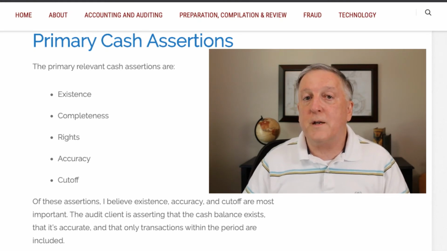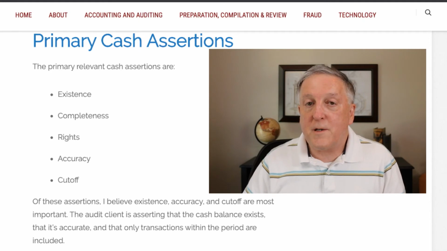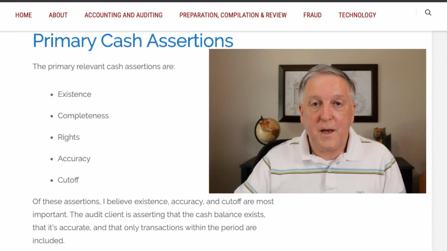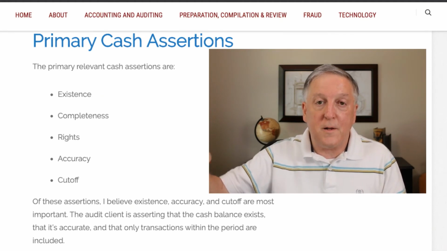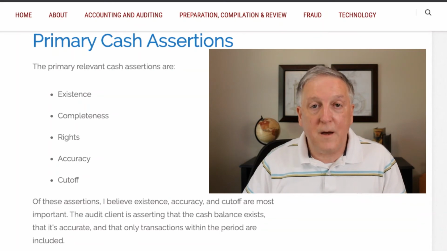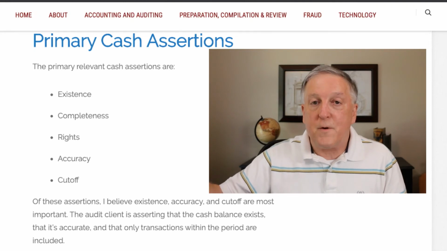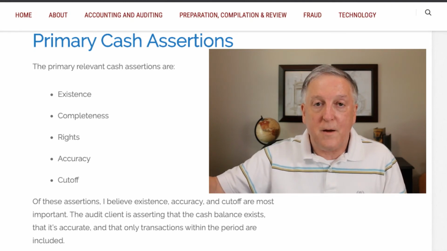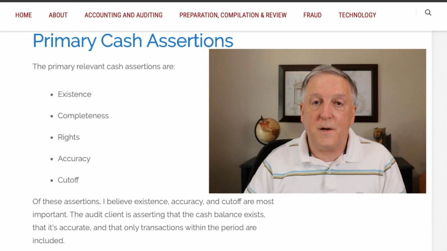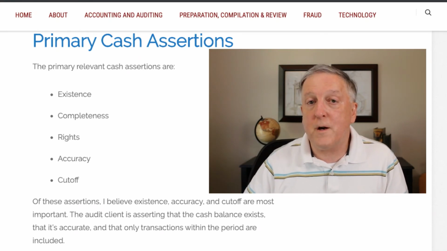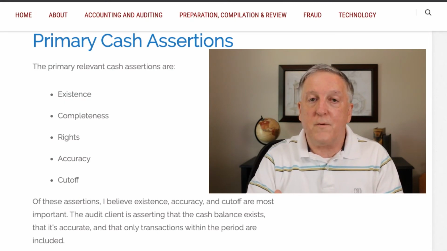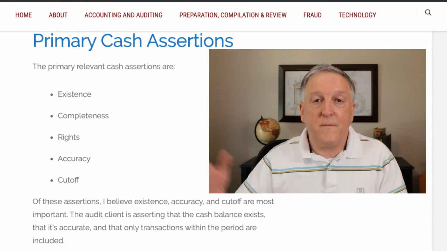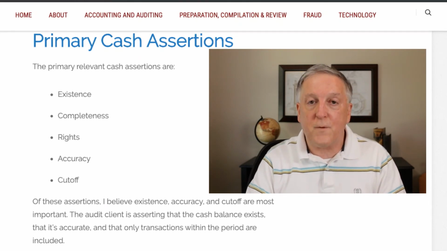So let me give you an example. I was auditing a hospital once. There was a bank account where Medicaid payments were being paid from the state electronically to this Medicaid bank account, and the CFO had the signature rights on this Medicaid bank account. Well, he was writing checks to himself to the tune of about $2 million. Well, those transactions never appeared on the general ledger because he never set up the bank account on the general ledger.